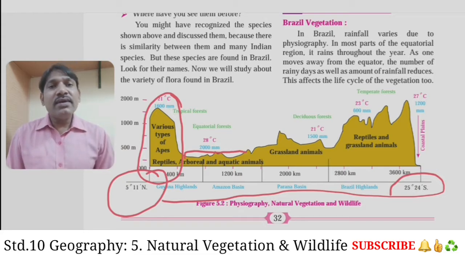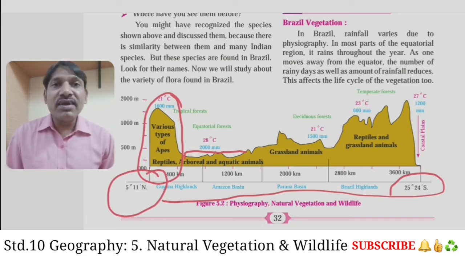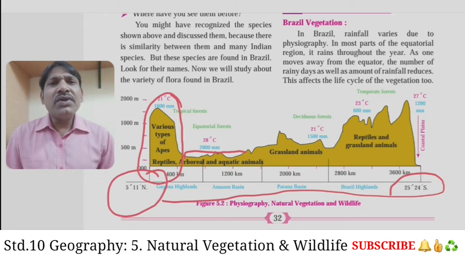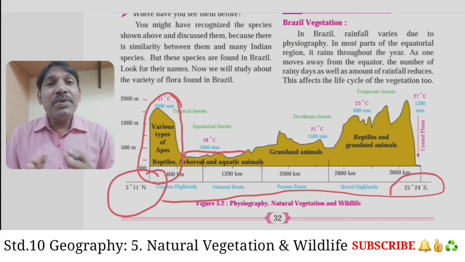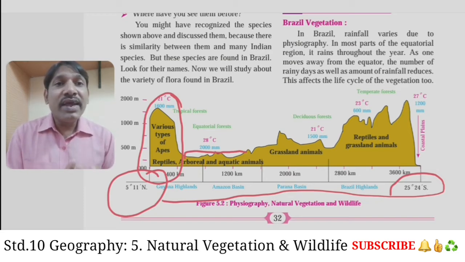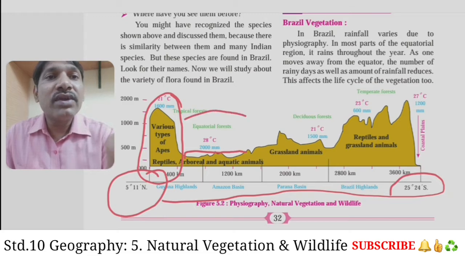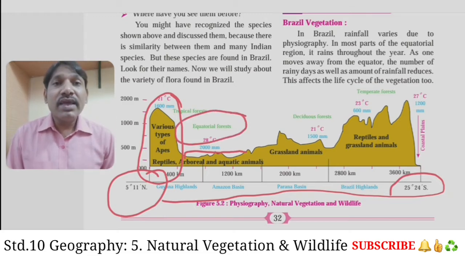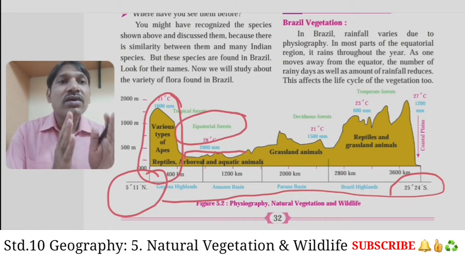And here we know that the equator is near the Amazon Basin river, and because of that equatorial region, here we see continuous rainfall throughout the year. Okay students, and because of the continuous rain throughout the year, here we have the equatorial forest.